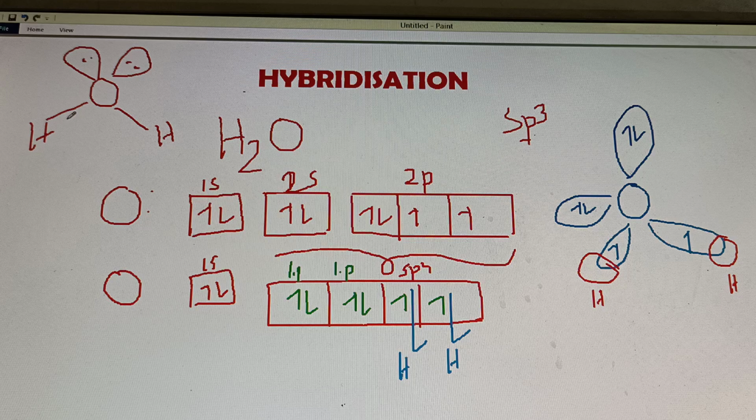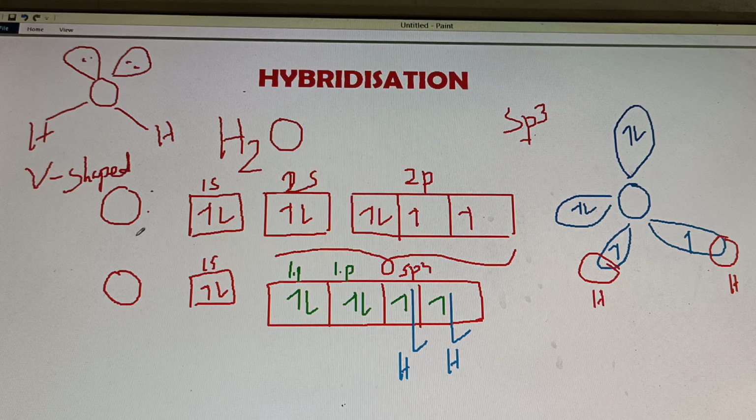Ammonia is pyramidal, you can see the shape of a pyramid, and water is V shaped.